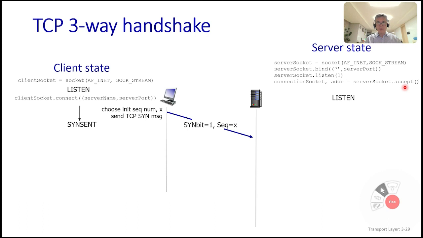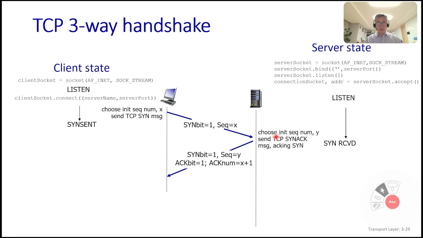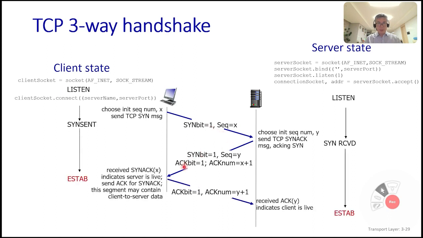The server waits for a client connection request, and then it receives the connection request SYN message and chooses a random sequence number y. The acknowledgement is x plus 1 because the length is 1. The sequence number is not described here.